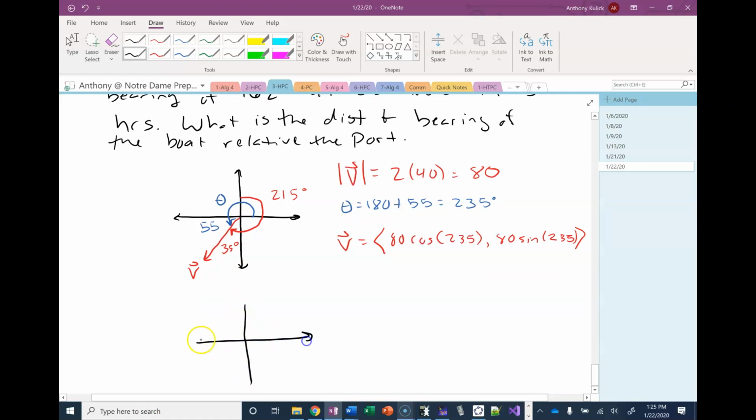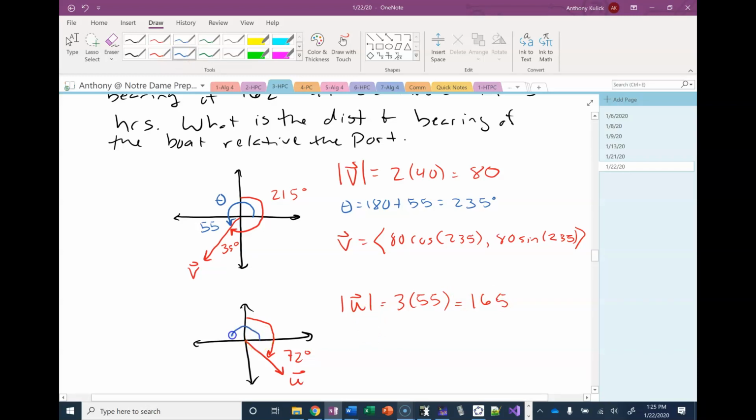I'm going to draw my other vector. So it says this one goes on a bearing of 162 degrees, so 90, and then like 72 more. I'm going to call this vector vector u. So we know the magnitude of vector u is 3 times 55, went 55 knots for 3 hours, so 165 nautical miles.